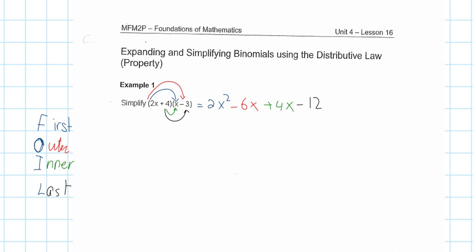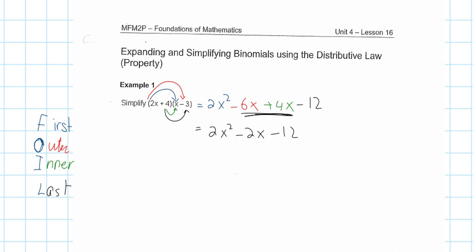Now, if you look at the answer, you have 4 terms. Is there any like terms that you can add? What are your like terms? That's right. So you have negative 6x and 4x. So these are like terms. I can add them together. So I have 2x squared minus 2x minus 12, right?